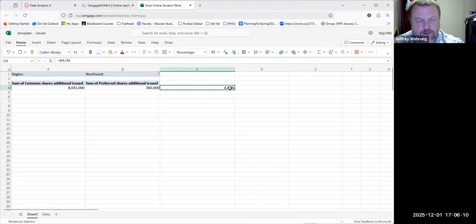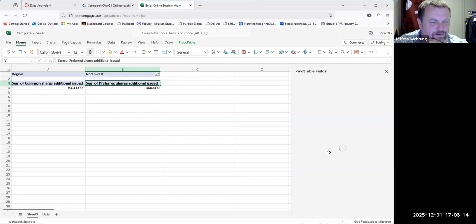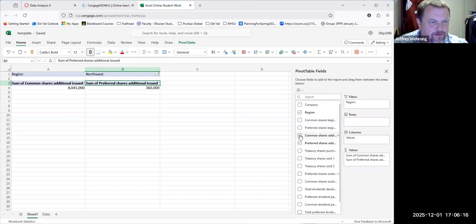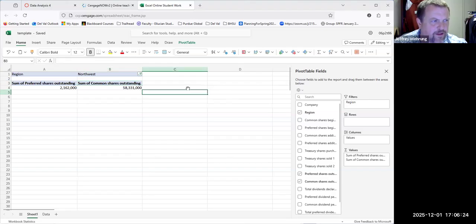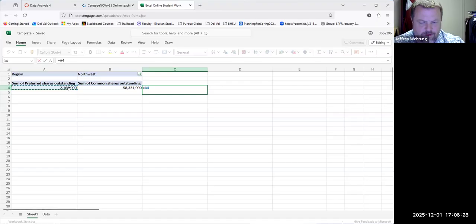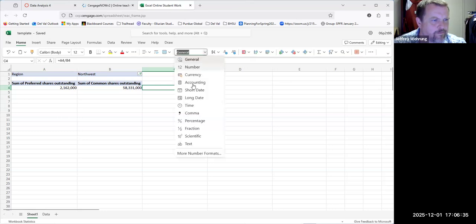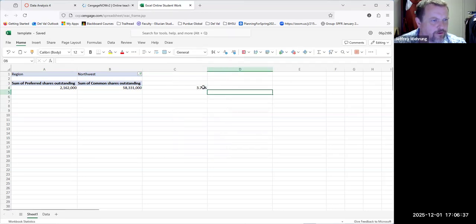So let's change these. I think it's looking for the total amount outstanding instead of looking at this. So let's look at this. Preferred divided by common. Okay. Fingers crossed on this one.